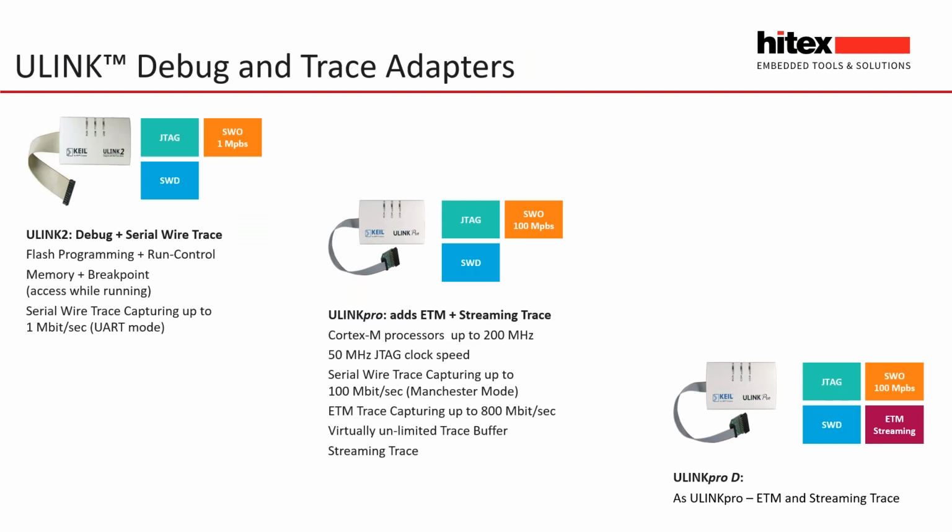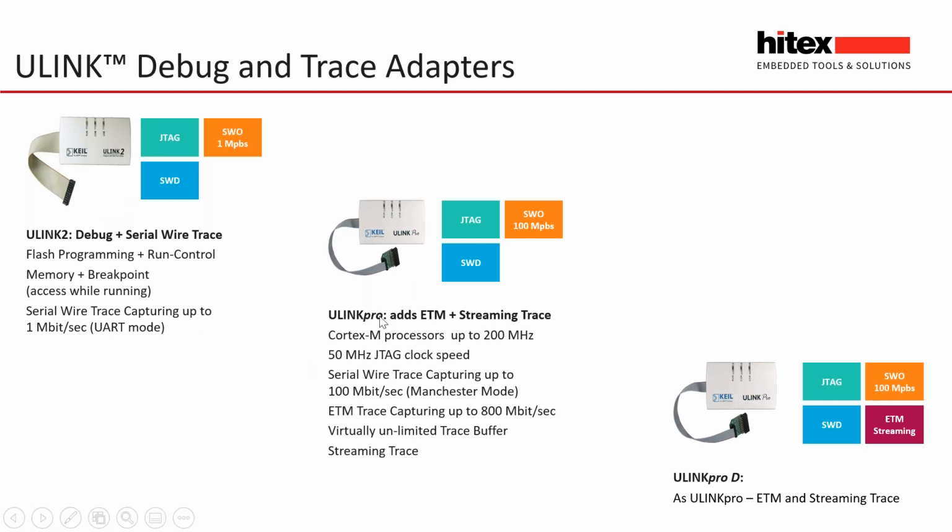There are a large number of commercial debug adapters that are available. There's a set from Keil called U-Link, and these offer a range of different debug features. So the first of these that was brought out was this little U-Link 2. So this debugs using the UART mode and has a USB 2 connection to the PC.